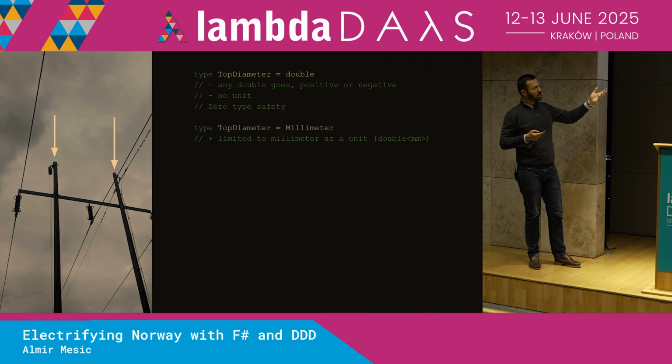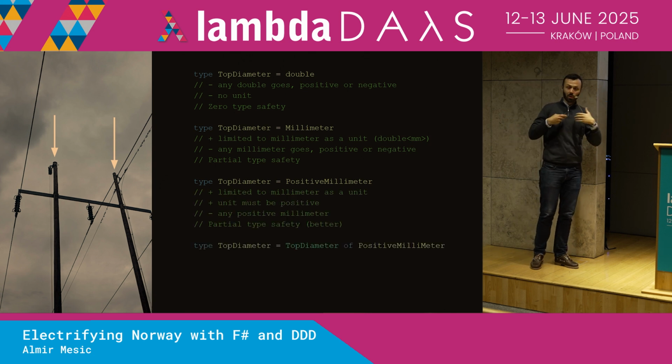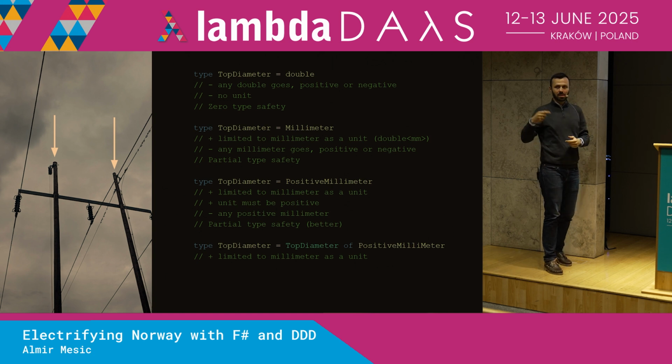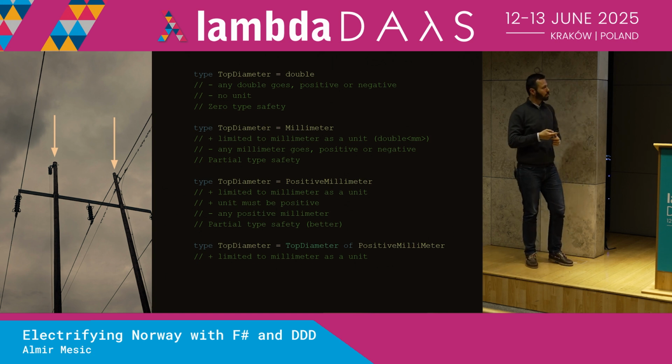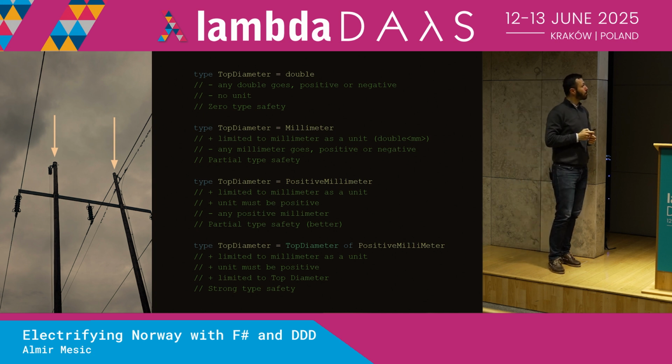It's limited to a unit, that's good, but still any millimeter goes, and so on and so forth. It's still not ideal, but the most ideal, in our case, is to be as explicit as possible. So in this case, we are limited to millimeter as a unit. The value must be positive, and it's limited to top diameter. So this is what we consider strong type safety.